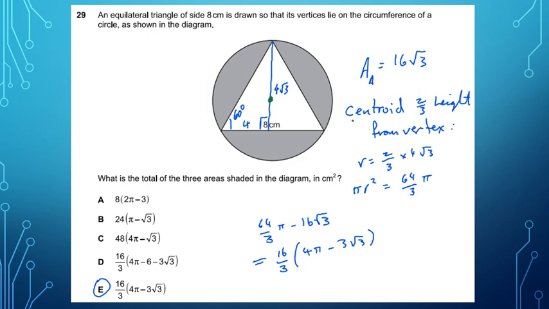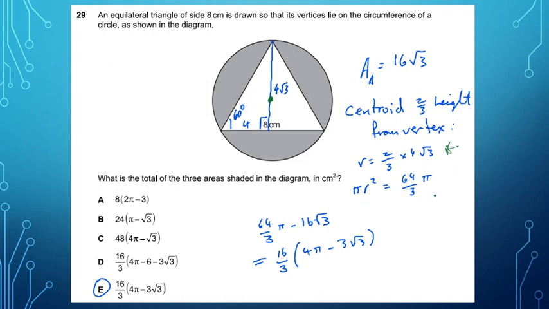So 2/3 of 4 root 3 will be the distance from the vertex to that point, which is also the center of the circle. And so that's going to give us the radius. So that's 8 over 3 root 3, and so the area of the circle would be pi r squared.